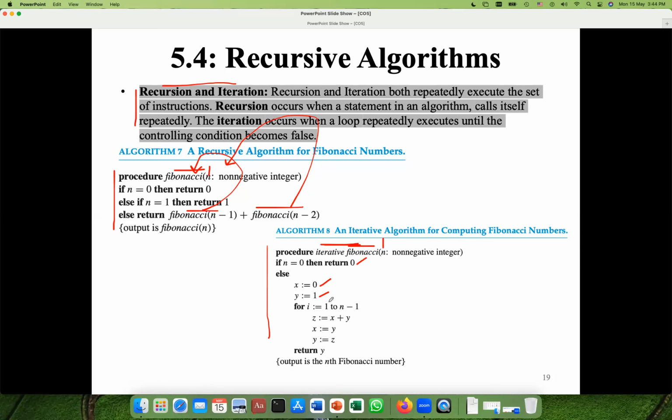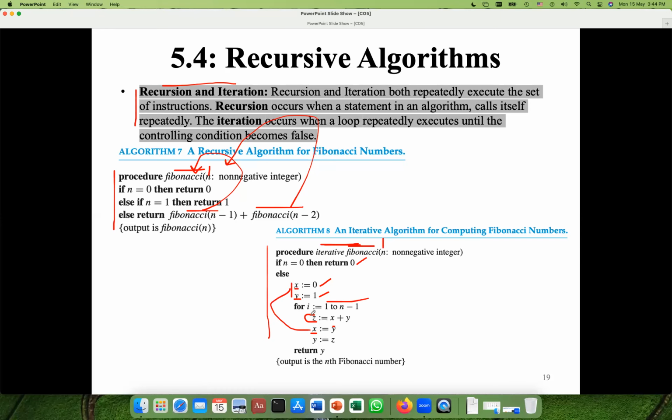So here we are using a loop which is going from 1 to n minus 1 times. We are adding them, putting the result in that z. And then we are changing, this y is the second number, this x is the first number. Now we are putting the value of the second number in the x variable, which is the first.